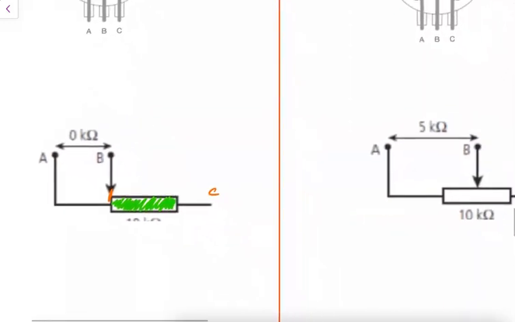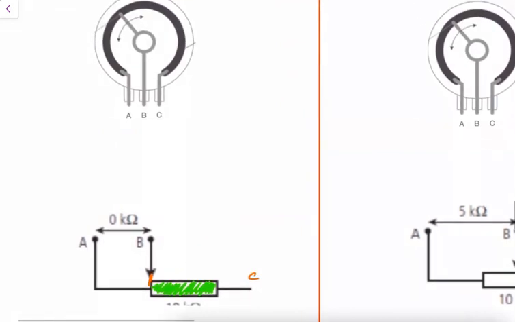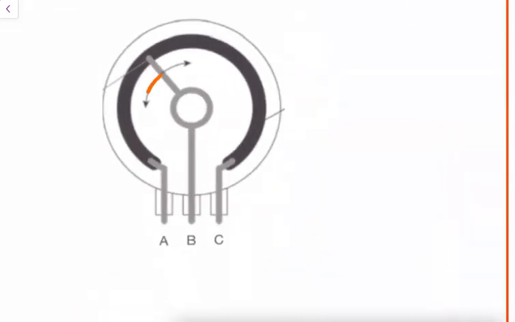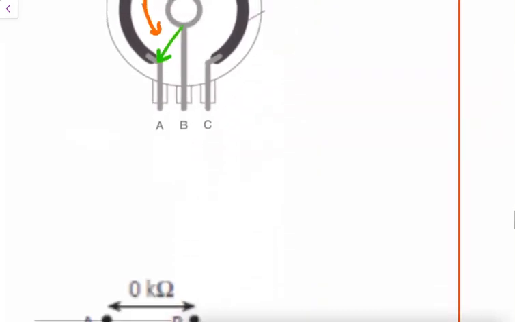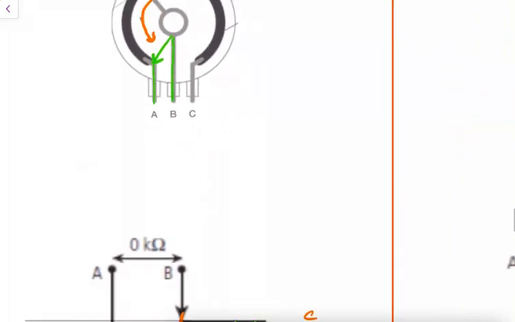So that means that between points A and B, there's no resistance. So that must mean that I am moving this all the way down, and my arrow is pretty much right there, and that means that between A and B there is no resistance because it's not touching any of the resistive film.